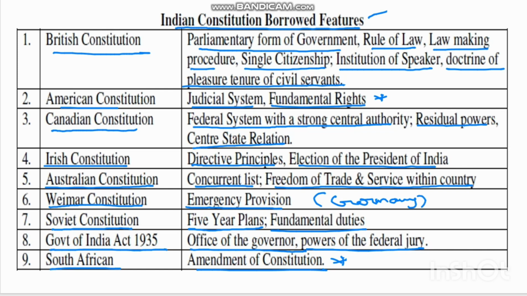Most PYQs in competitive exams are asked from this. For example, fundamental rights were taken from which constitution? Then we need to answer American. Sometimes they ask, emergency provisions were taken from which constitution? Then it will be Germany, or the Weimar constitution.